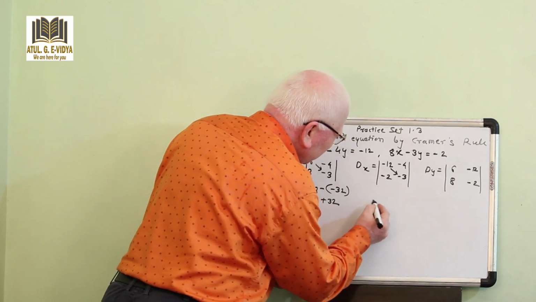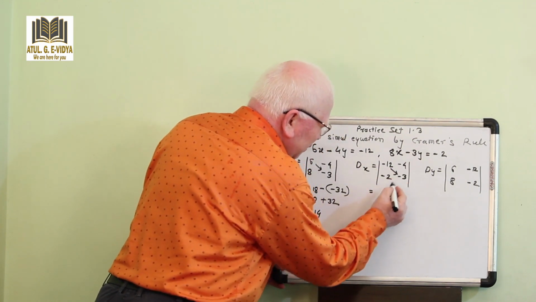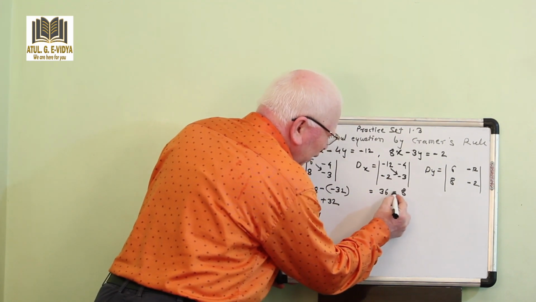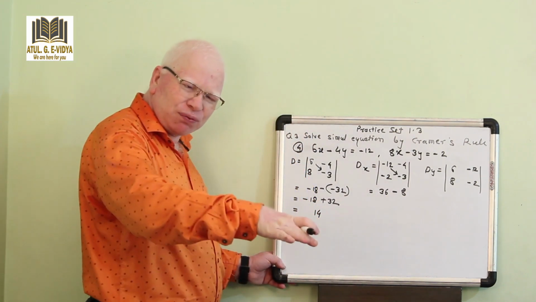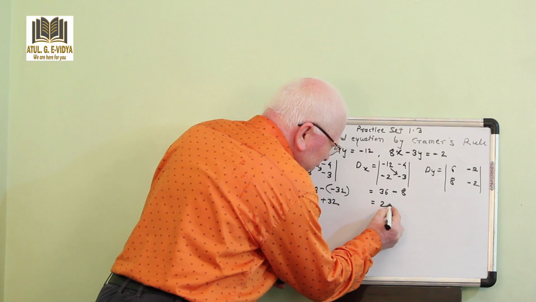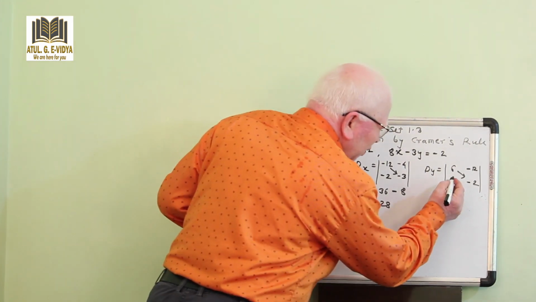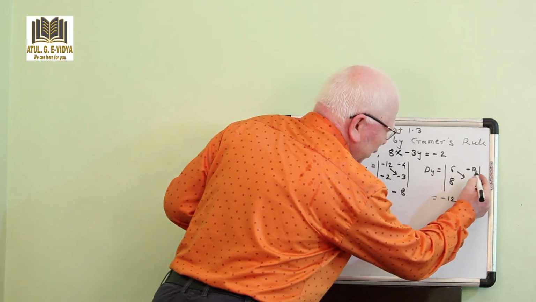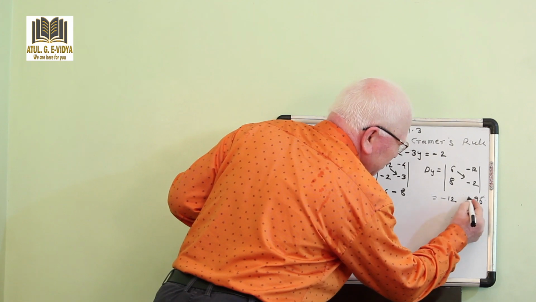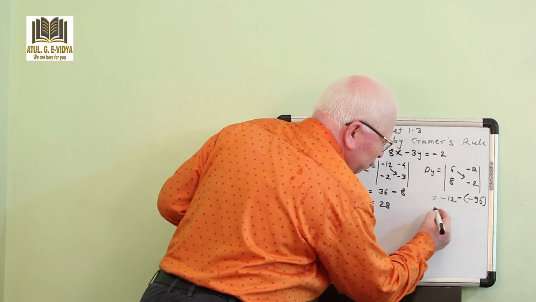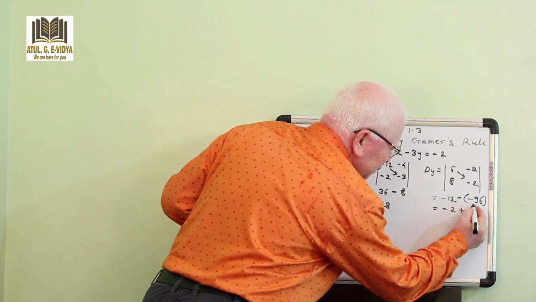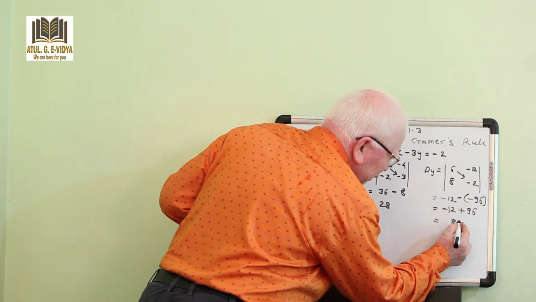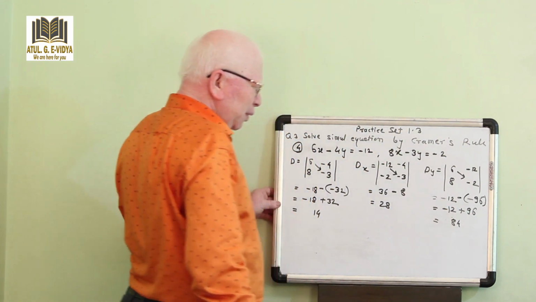Here also, -12 into -3 is plus 36, -4 into -2 is plus 8, and such minus sign from our formula. Subtraction, that is 28. 6 into -2, that is -12. 8 into -12, that is -96, and such minus sign from our formula, hence minus minus plus here, and 96 minus 12, that is 84. Obviously such 84 should be plus.